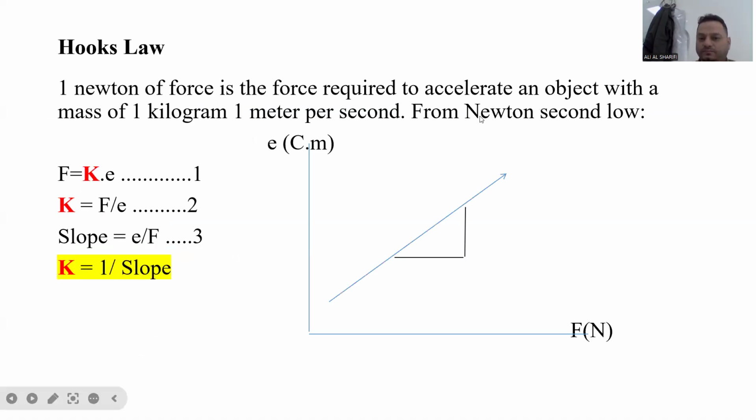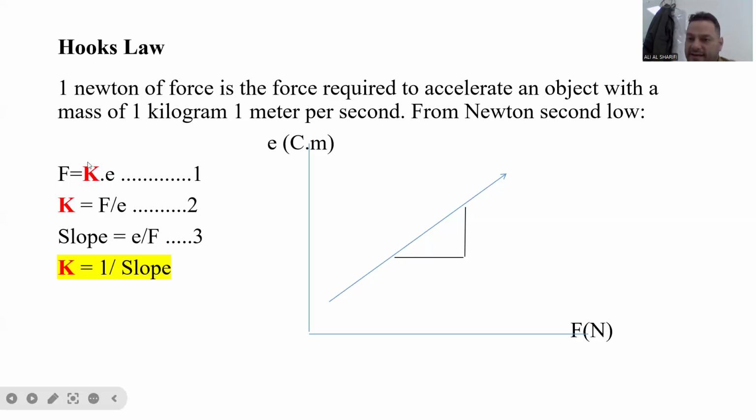Here, how can we say K equals the inverse of the slope, using Hooke's law? F equals the K constant multiplied by the extension.